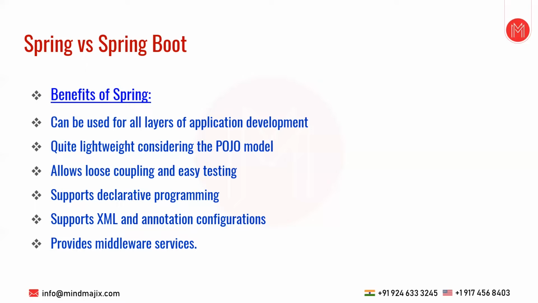A POJO is nothing but a plain old Java object, and it allows loose coupling and is easy for testing. And Spring supports declarative programming. Spring supports configurations using XML or annotations. And Spring also supports some middleware services with the help of AOP, aspect-oriented programming.